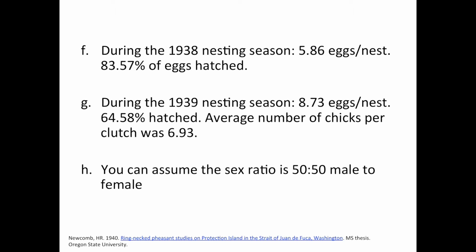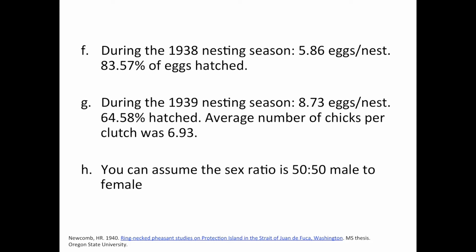actually want. So if you didn't have information on the average number of chicks per clutch, then you could potentially work with the information on the number of eggs per nest and the hatch rate.